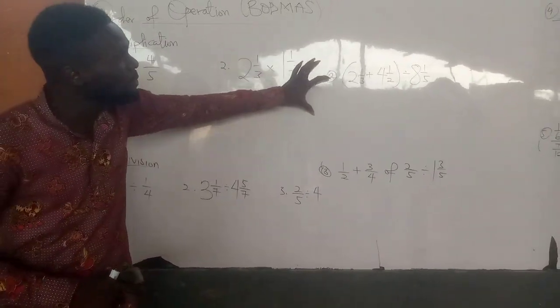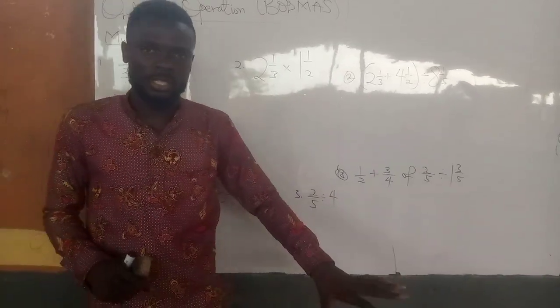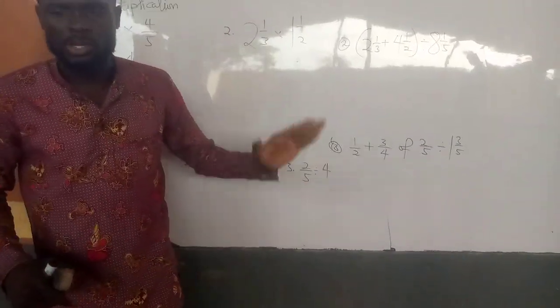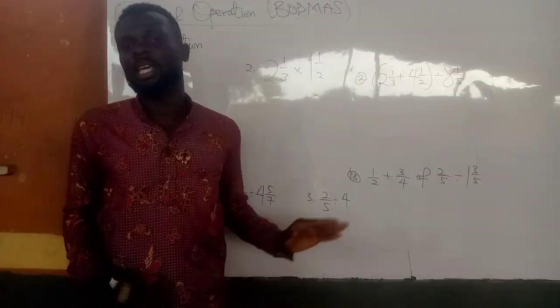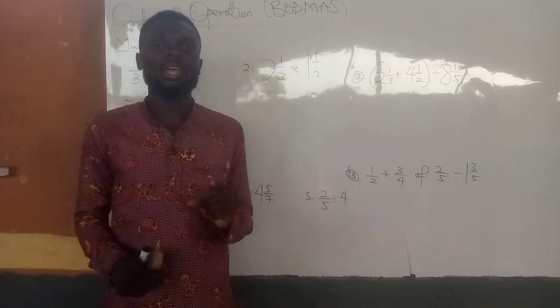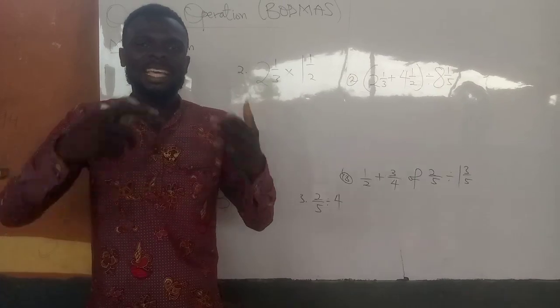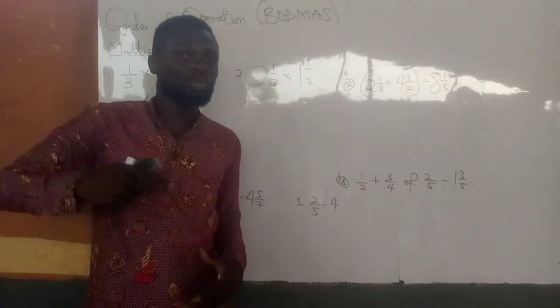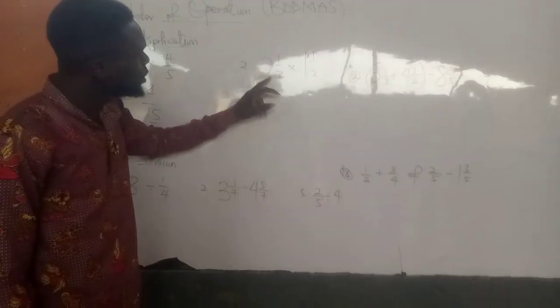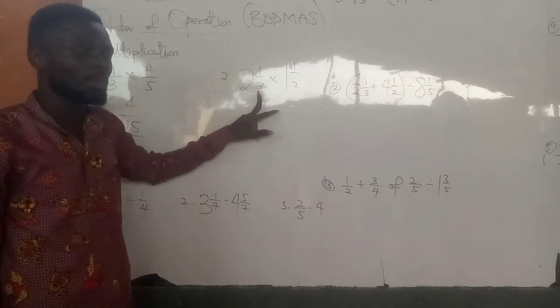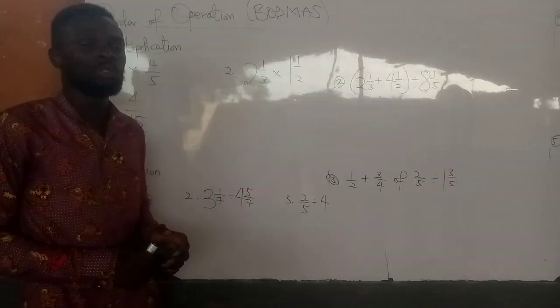Now, anytime you are solving fractions, either addition, subtraction, multiplication, or division, and there is a mixed fraction, convert the mixed fraction into an improper fraction. By so doing, we multiply the whole number by the denominator, and add the numerator.